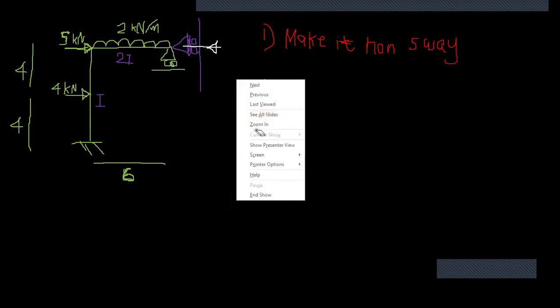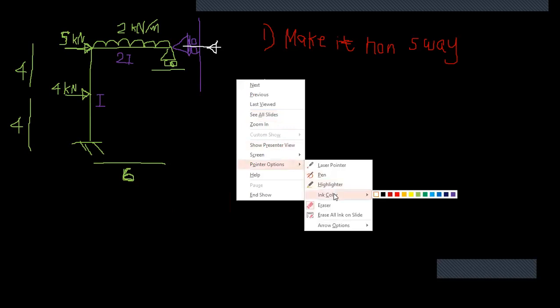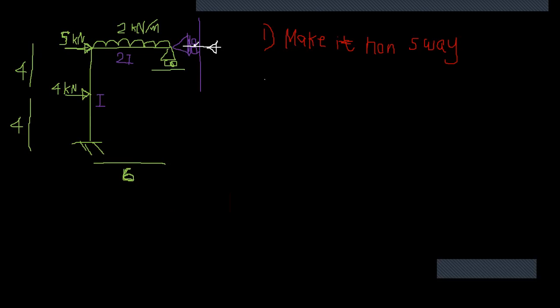So what I'm going to do is apply a vertically mounted roller. Why? I need to just restrain this horizontal movement. So I would say it will apply a Q force to stop sway. Now we make it non-sway, right? But now it's no longer the original frame. So it's like this.